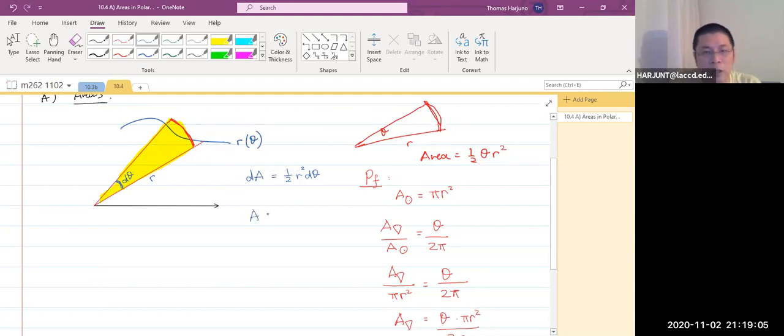Therefore, the area equals 1/2 integral of r squared d theta, from theta equals alpha to theta equals beta.